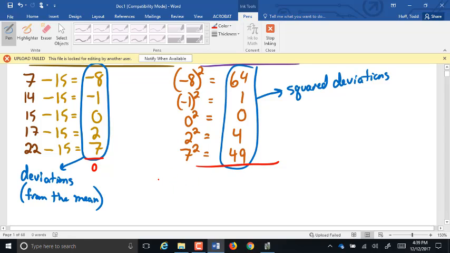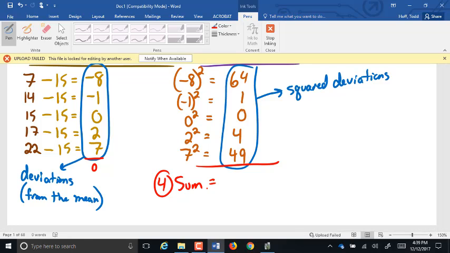Step 4 is to find the sum of those numbers. So I'm going to add them up. It is going to be, what is that, 113? Does that look right?